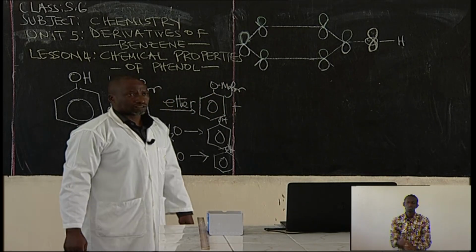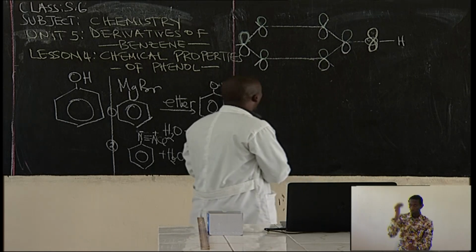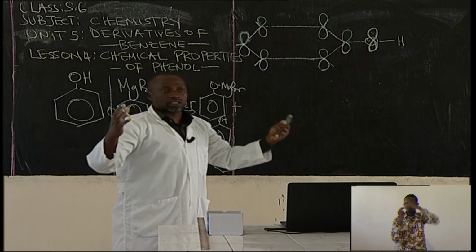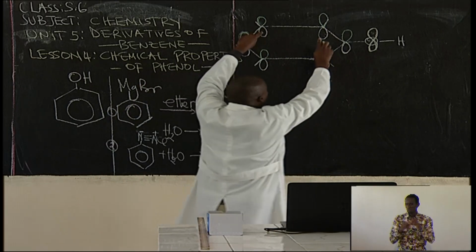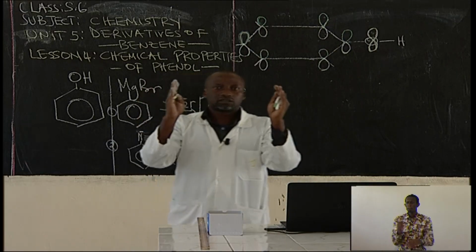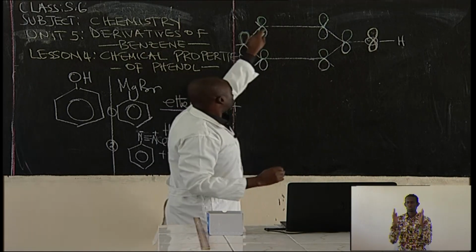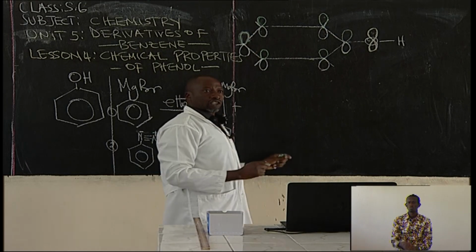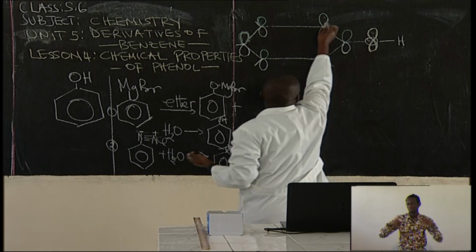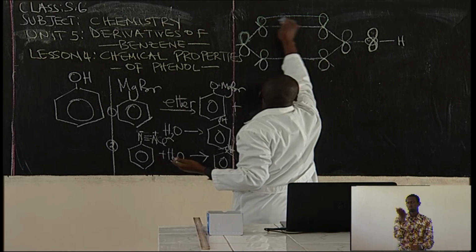What happens? So here, these orbitals, as we talked about the structure of the benzene, when you look at these two orbitals, they are laterally placed, like this. And if they are laterally placed, you remember we said the distance here is very small, so they tend to overlap. So this orbital overlaps with this one here.